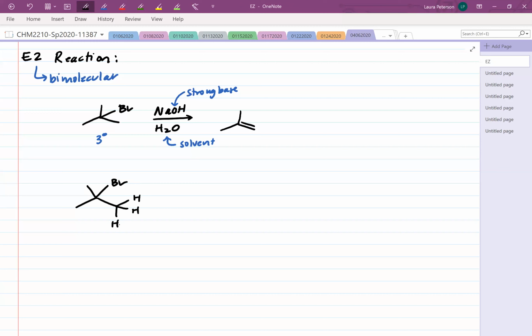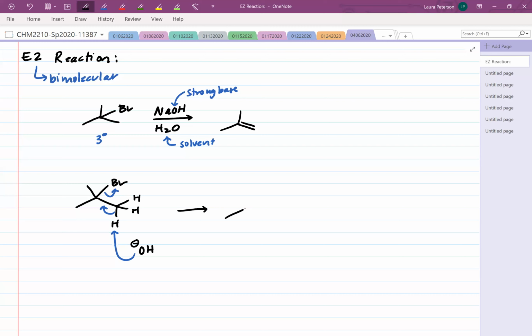Remember when we were looking at dehydrohalogenation to form alkynes in chapter 7, that was an E2 reaction. We deprotonated that hydrogen and eliminated the leaving group all at the same time. The role of the base here is to take that proton at the adjacent carbon. We donate those electrons to make the pi bond, and the leaving group leaves.